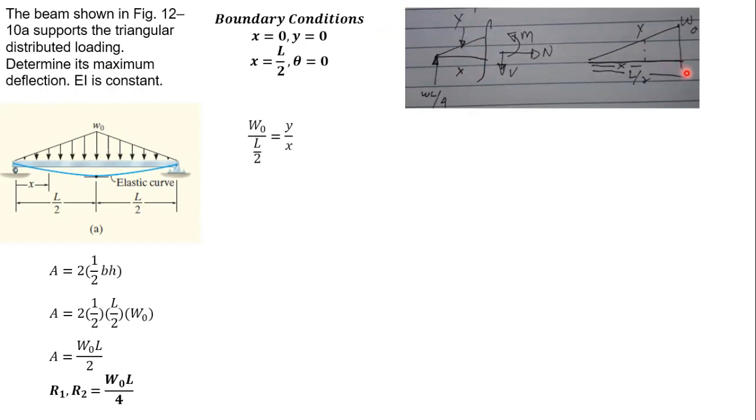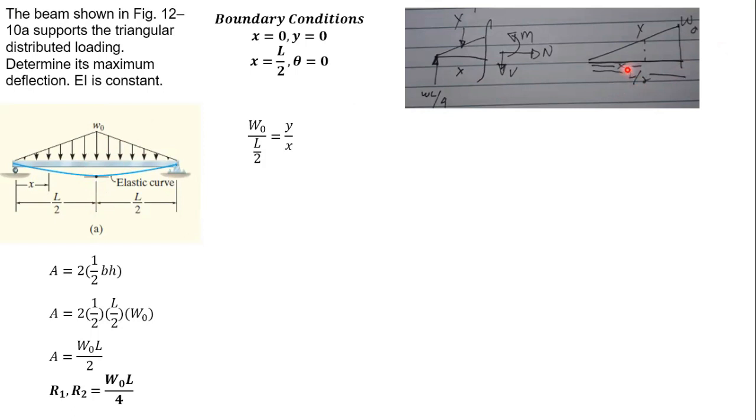Dito, kung makikita ninyo, meron tayong similar triangle. Ang kinonsider ko is yung kalahati lang niya, kasi mirror lang or mini-mirror lang ng kabilang side natin yung isang side niya. Kaya ang kinonsider ko dito is yung kalahati lang niya at L over 2. Yung maximum force natin or yung height is W sub 0, and yung length natin is L over 2.